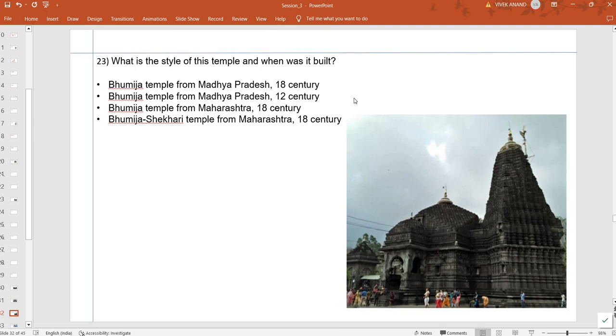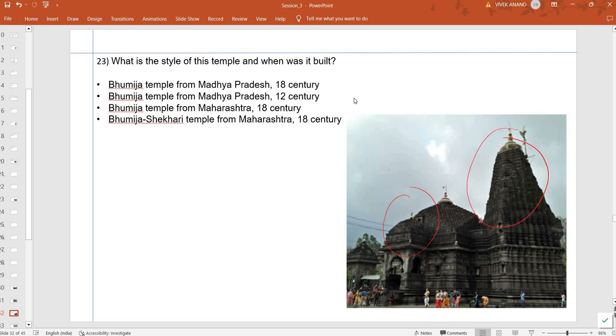Where can you see the Shikhari style? In which part of this building is there a Shikhari? This part, no, the right side, this one.